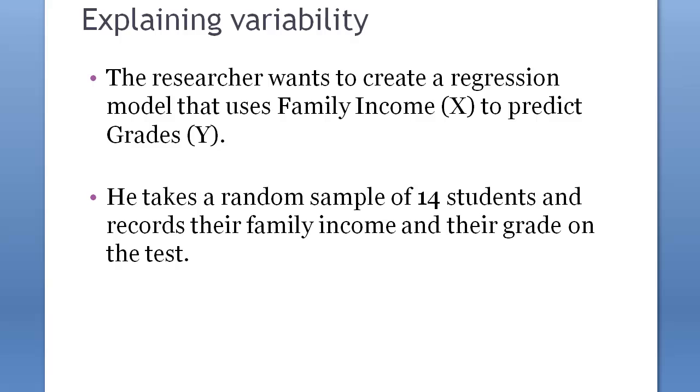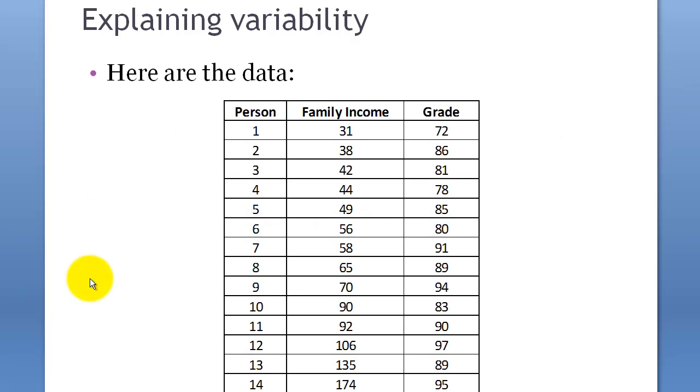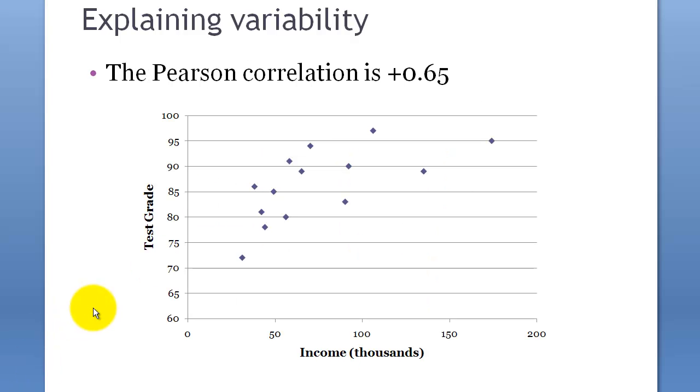He takes a random sample of 14 students and records their family income and their grades on the test. Here are the data, and here's the scatter plot. The Pearson correlation was plus 0.65.